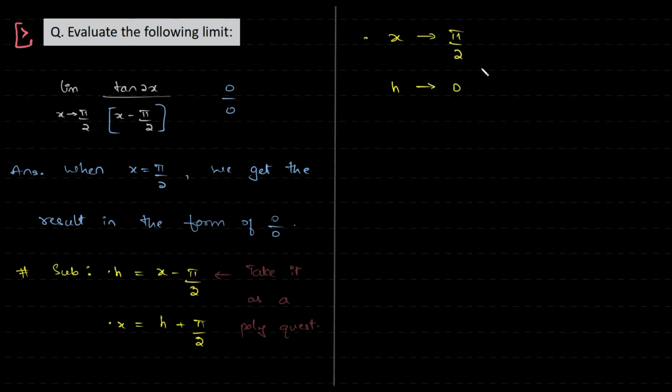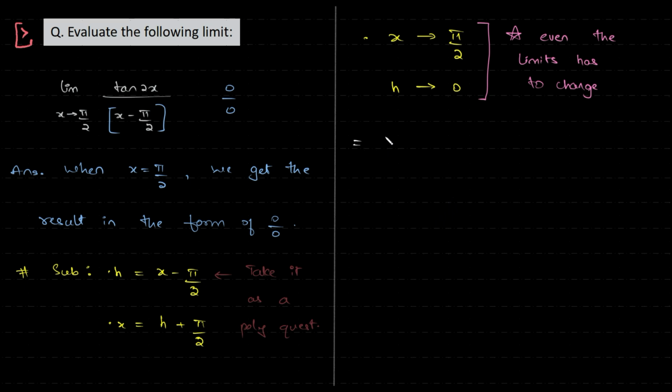So h will tend towards 0. So all in all, we can tell that even the limits have to change. And this is how we change the given limit to tend towards 0. Okay, so this is how we do it.